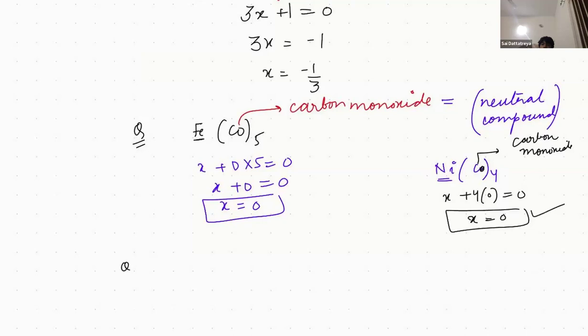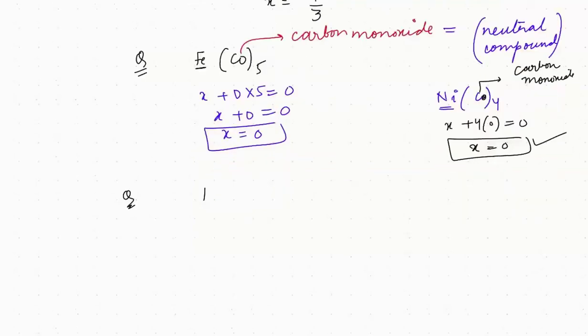Any metal carbonyl, let's suppose if I say Mn2(CO)10, it doesn't matter, you straight away say that manganese carries a 0 charge. Because even if you calculate by the method, you say let 1 manganese carry X charge. So 2 manganese shall carry 2X charge. 1 carbonyl carries 0 charge, so 10 carbonyl also carries 0 charge.